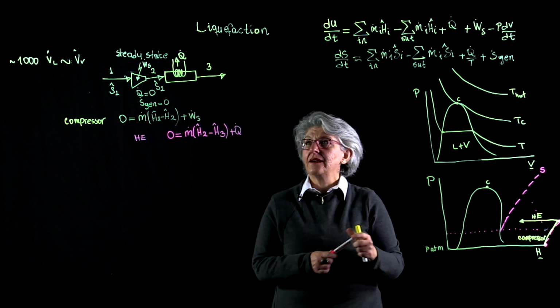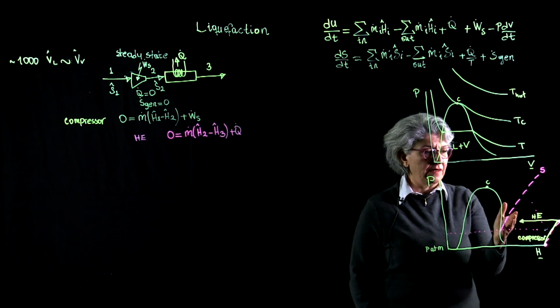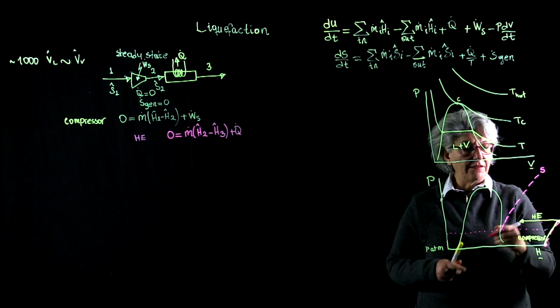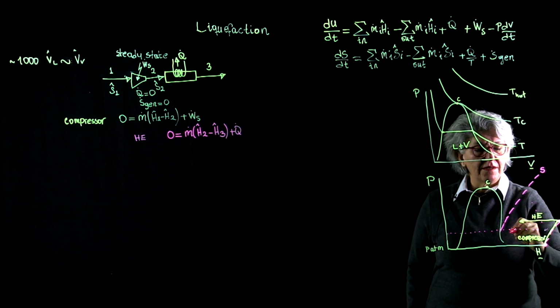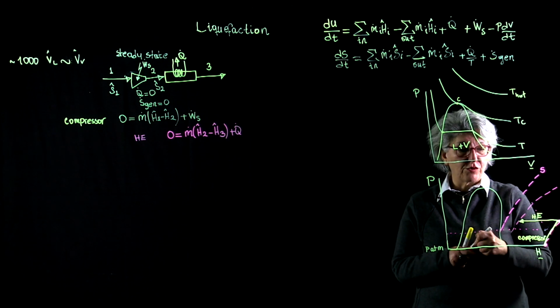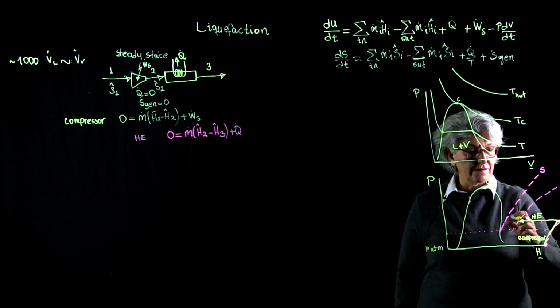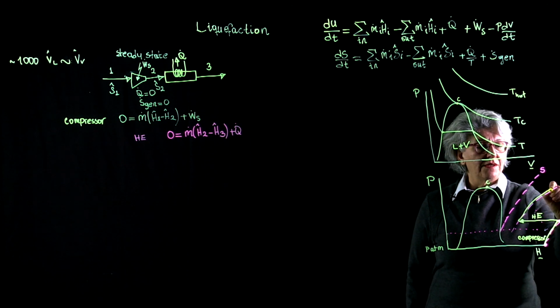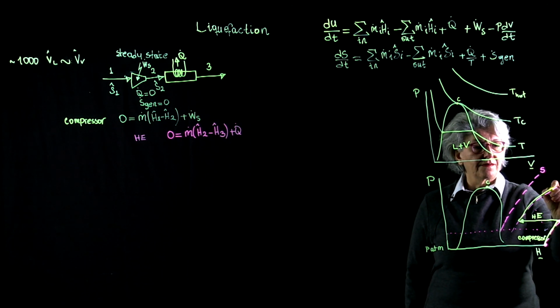Then I'm going to take this compressed and cold fluid, and I will find the constant entropy line that goes through this point, and I will compress it again to the next tolerable temperature, right?